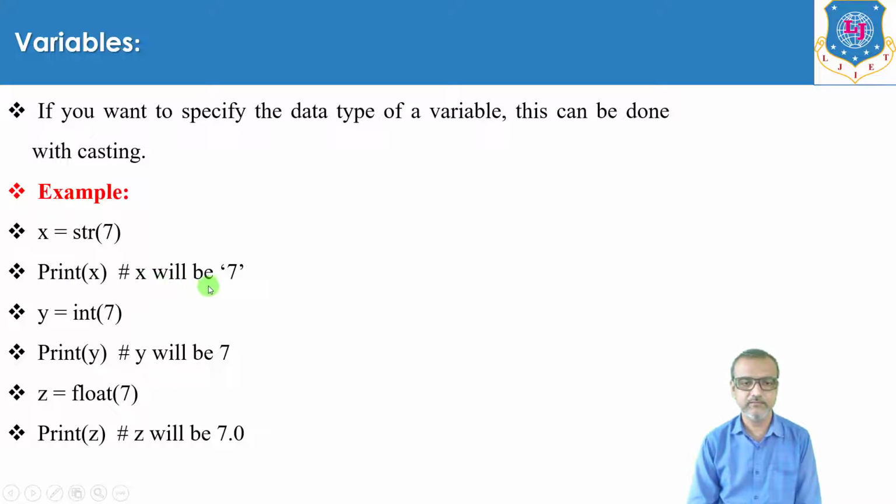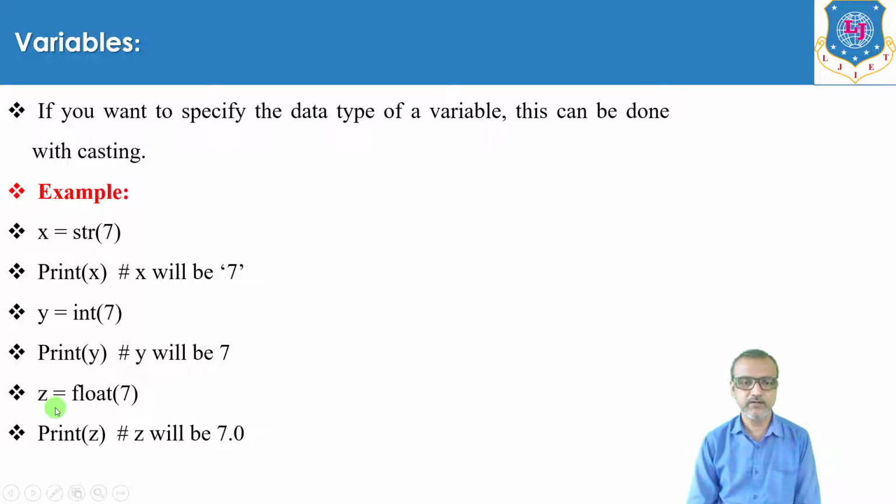That is, x will be 7 in this case, and see the single quotes over here. So now x is not an integer value, it is string data type. Similarly, y equals to int of 7. If I write print of y, y will be 7, that is nothing but the int value.